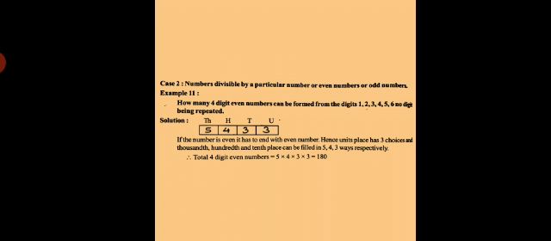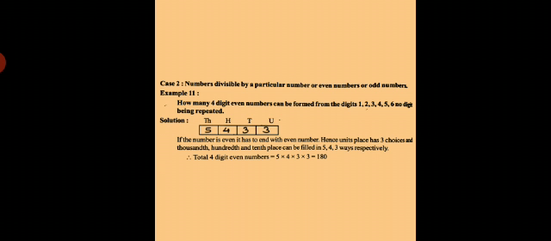Now here they have again asked for 4-digit numbers, but the condition is that it should be an even number. Among the given digits, the total is 6, from 1 to 6.